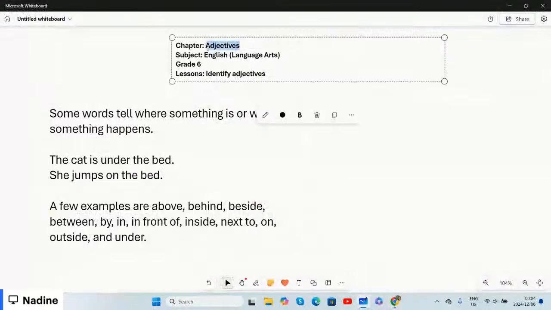Before we start, we're going to log on to aplusstudents.ca.